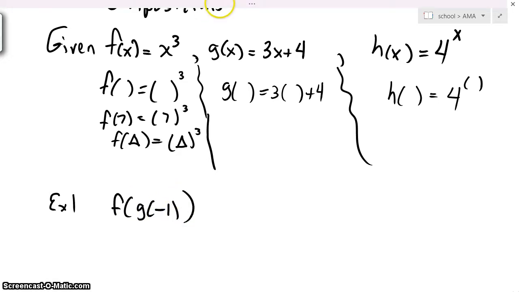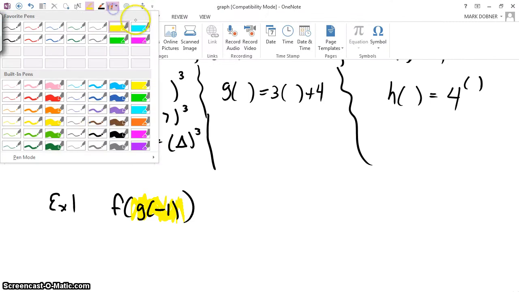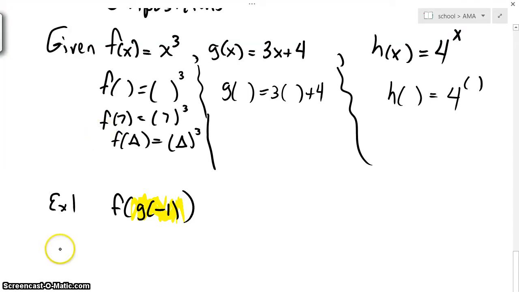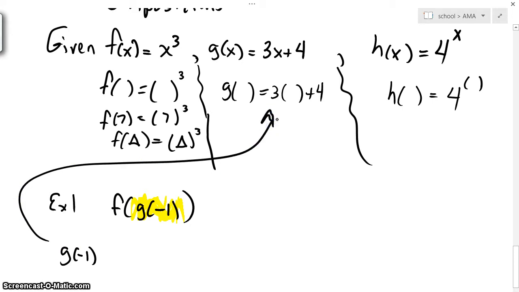What we're going to have to do is always start with the most inside portion first. And we're going to find g of negative 1 then. So g of negative 1, if you went back up here, would equal 3 times negative 1 plus 4. And that's negative 3 plus 4, which would equal 1.